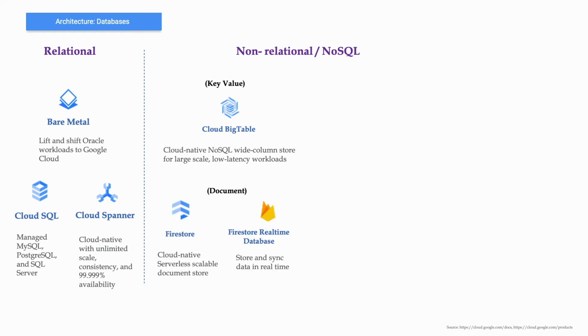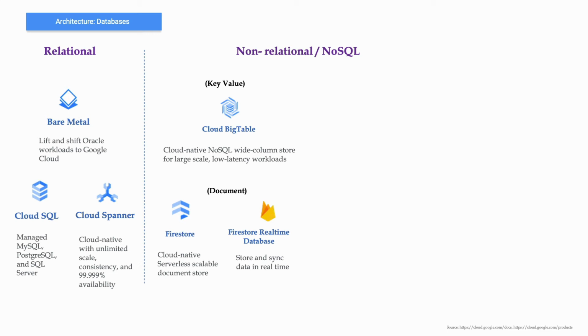Then for the document side, you have Firestore, which is a serverless scalable document store. It's ideal for mobile, web, and IoT kind of applications, or in fact, anywhere you look to store your data in a document.